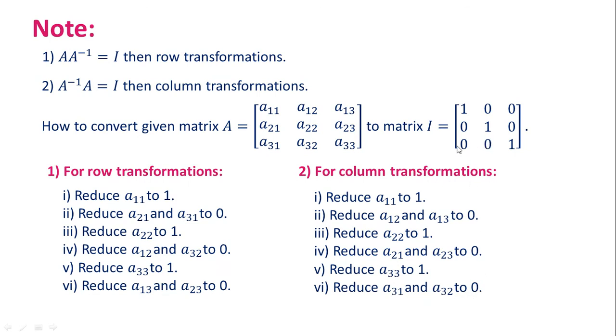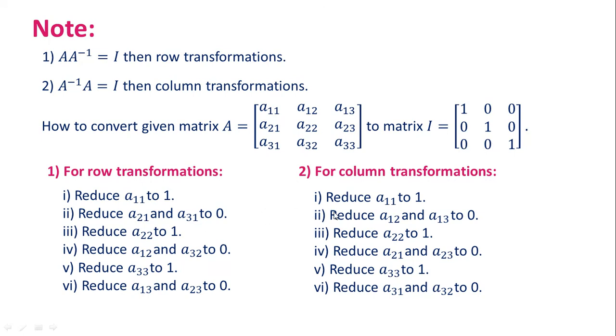So in case of column transformations, we have to convert this element to 1, then these two as 0, then convert this element to 1 and the other two as 0 here, and then last convert this element as 1 and these two elements as 0.